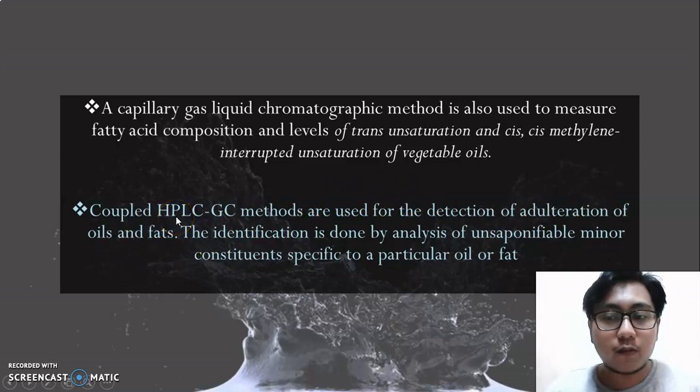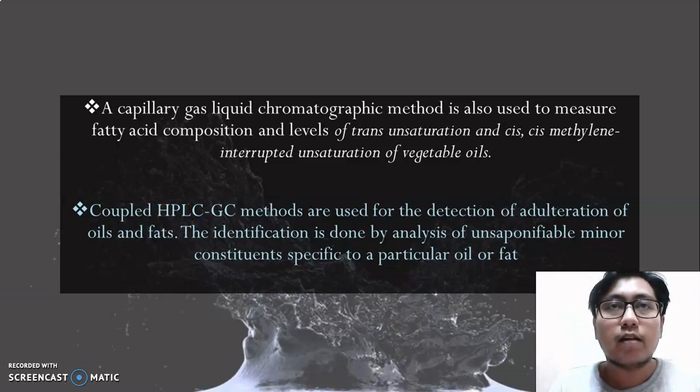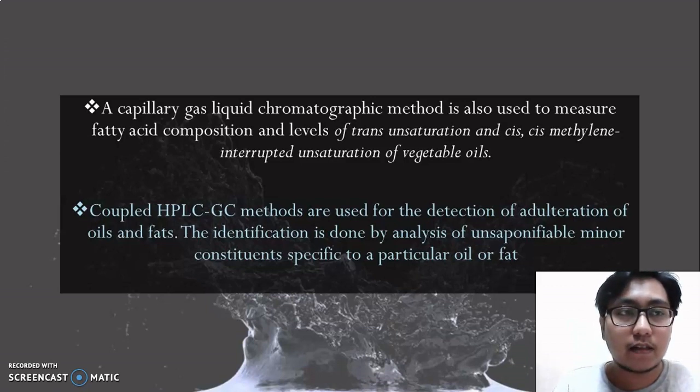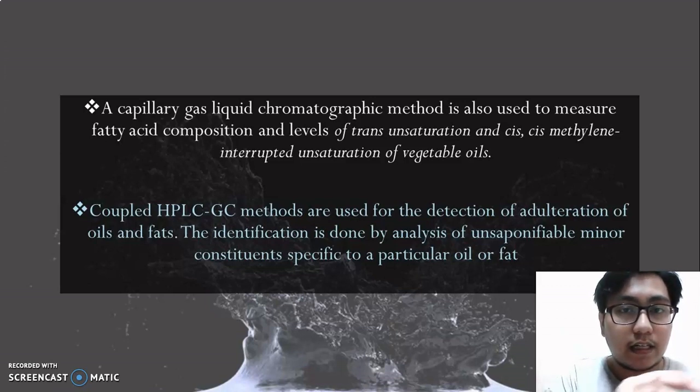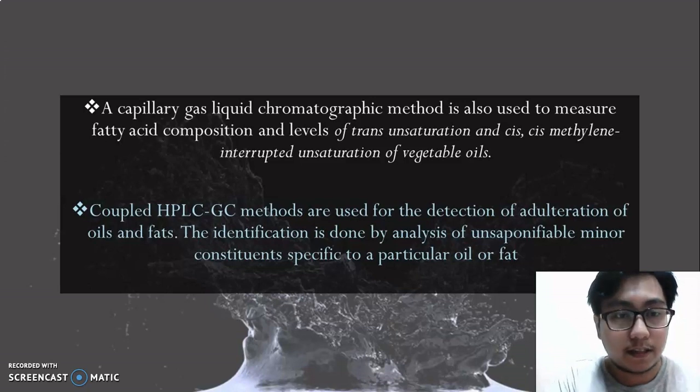If you're wondering what adulteration is, it is basically the addition of something. For example, olive oil is very expensive, and adulteration is when the manufacturer of olive oil adds other vegetable oils inside to fool you, because pure olive oil is very expensive.